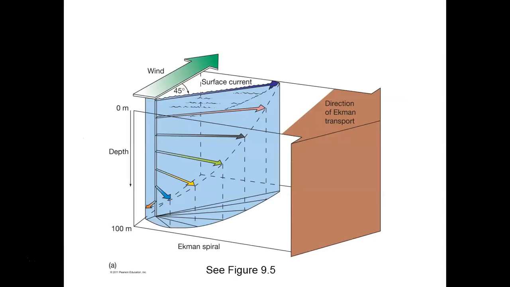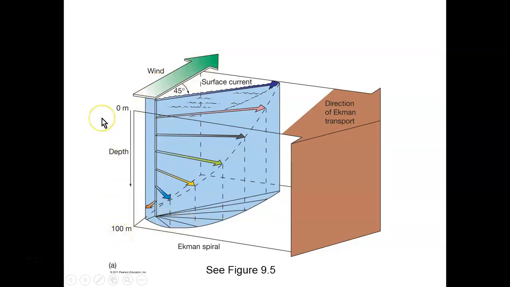Okay, so here we have an image that is depicting what happens with Ekman transport. So up at the top here, this big green arrow is representing wind, and then we have a column of water that's only showing you to 100 meters.